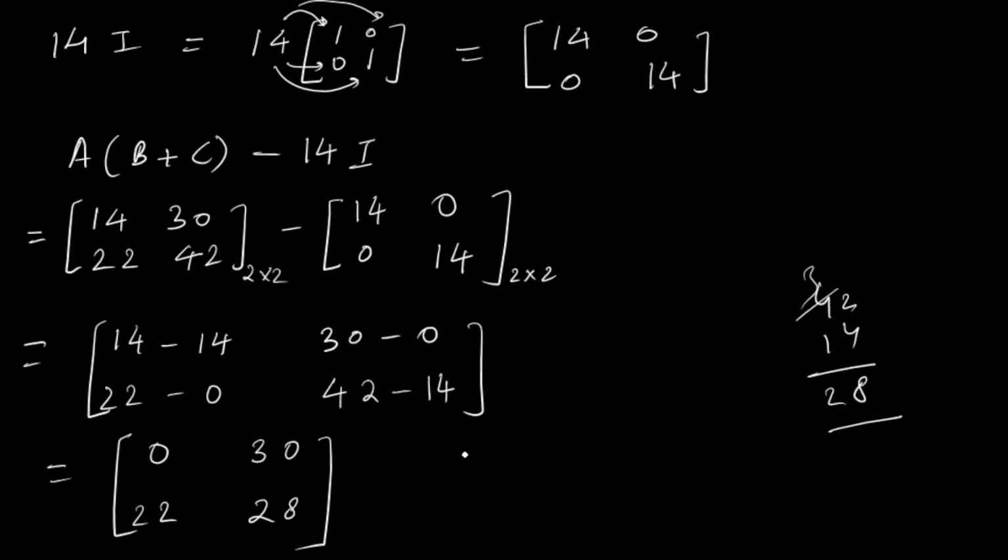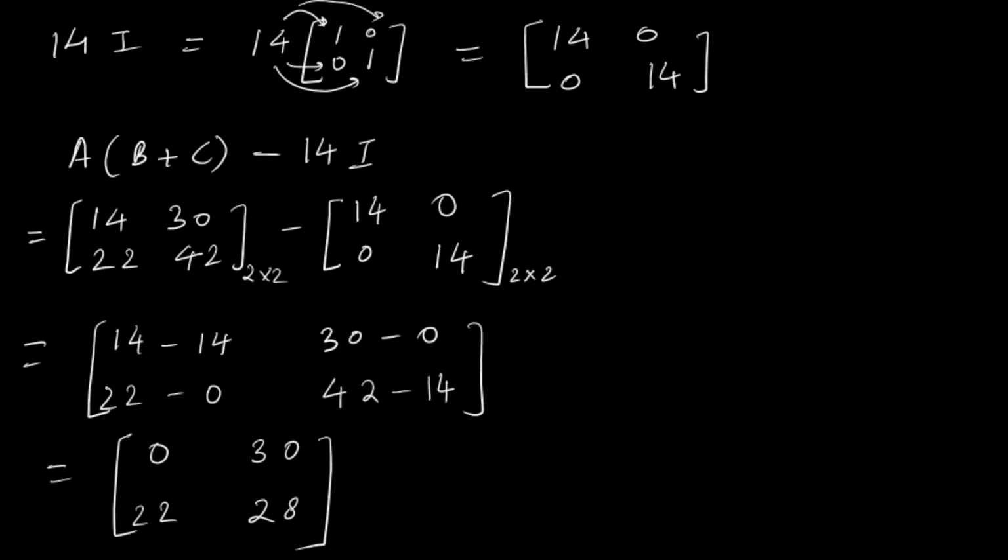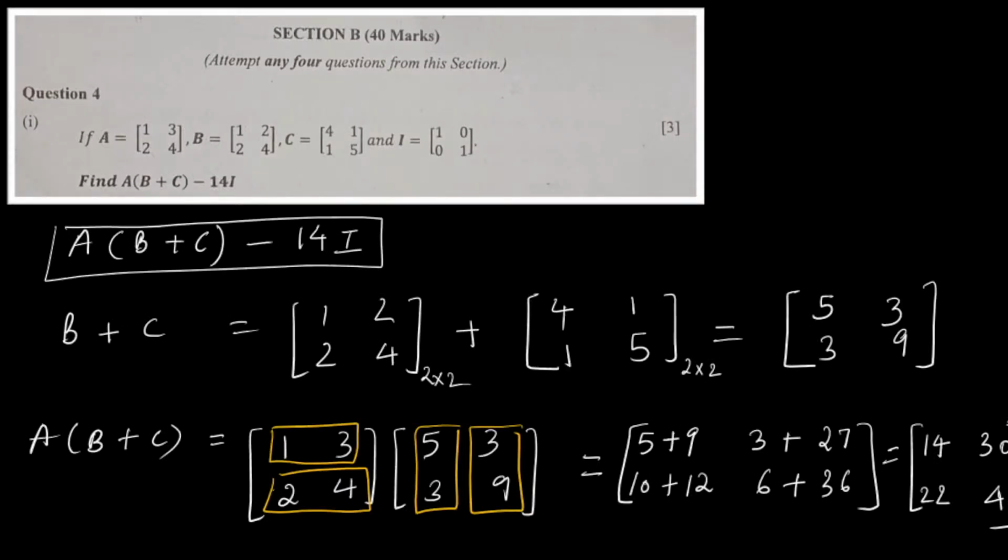Okay, so Likshita has given me the same answer. I hope you all are getting the same answer. Okay, so it is correct. Yes, Praveen, what are you getting? Tell me your answer. Okay, so we have done this one. This is question number 4, first part.